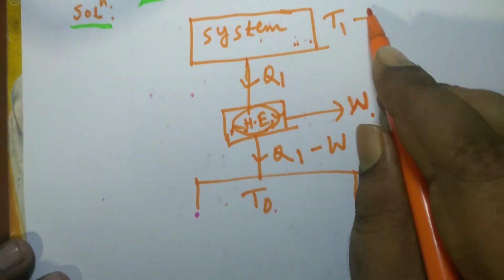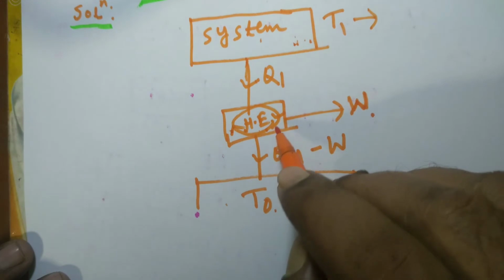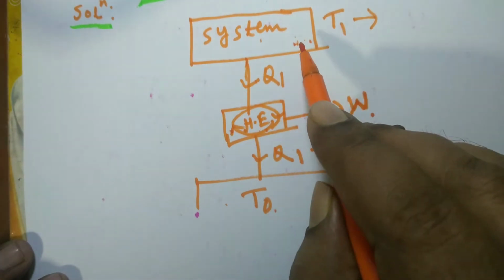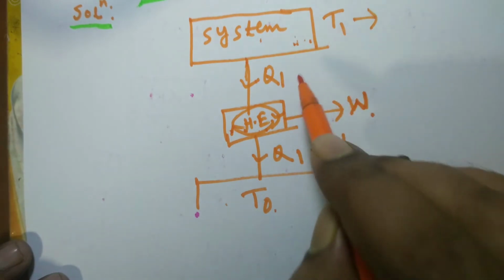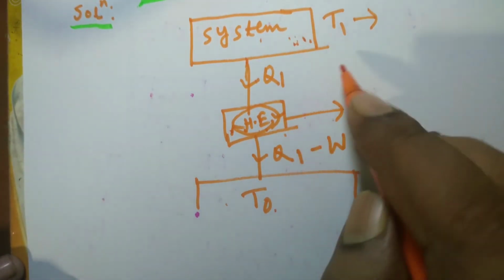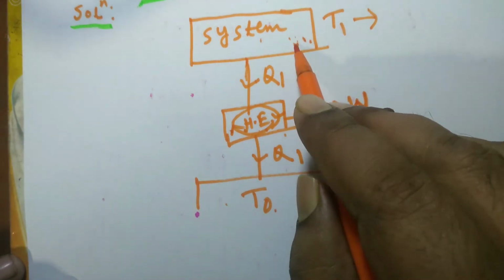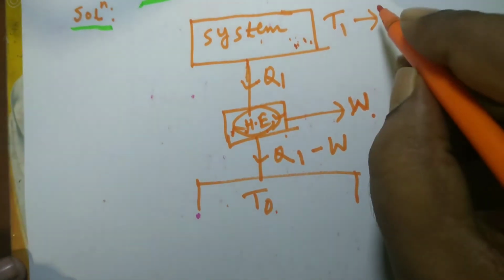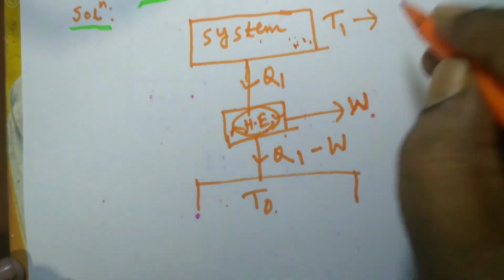So that means this engine would continue to operate as long as the temperature of the system is above T0. The moment the temperature of the system reaches T0, the engine would stop working. Had it been a reservoir, it would have worked continuously for an infinite time period.